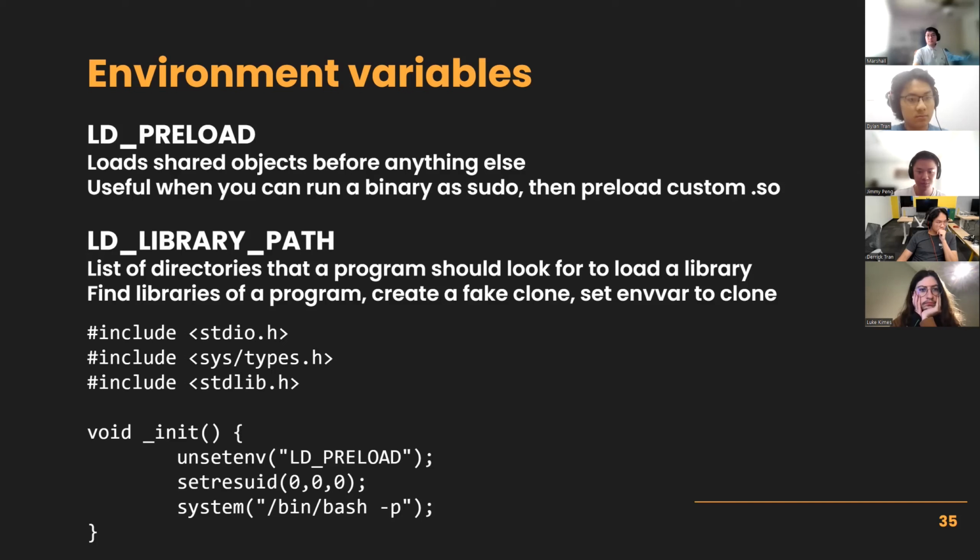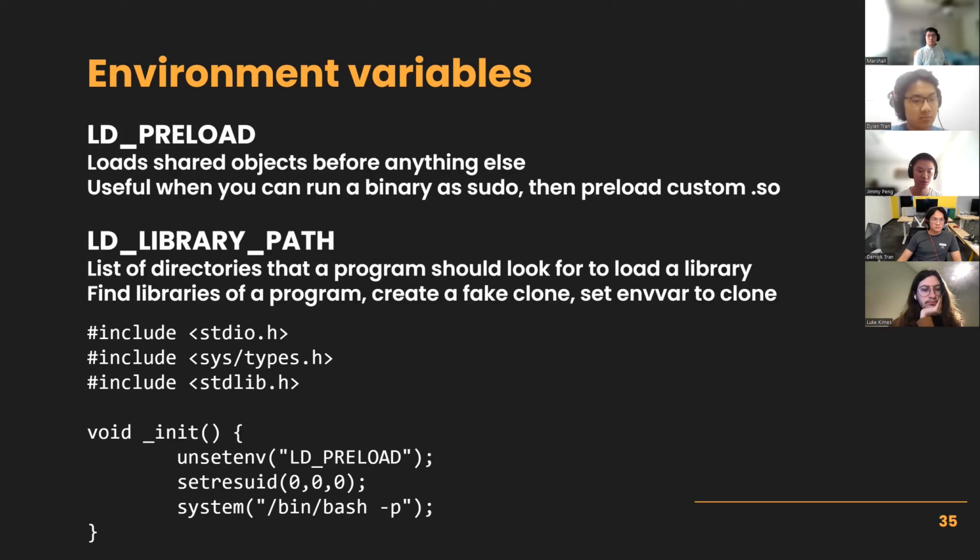In the following example, we have a little shared object file that can be used to get elevated command execution. In this file, you don't really need to worry about the include statements on top. We have the init magic method, which basically runs on execution of this certain file. Within this magic method, three functions are called. The first is the unset environment function, which removes a current environment variable.